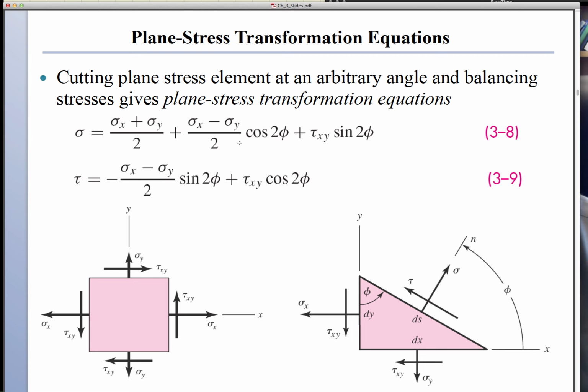And you can use equation 3.8 and 3.9 on the calculator to make the transformations from the old system, which is given by the stress acting on the y face and the stress acting on the x face, to the new system, which is the stress acting on the inclined face. Here you use the angle phi, and this is the normal to the surface.